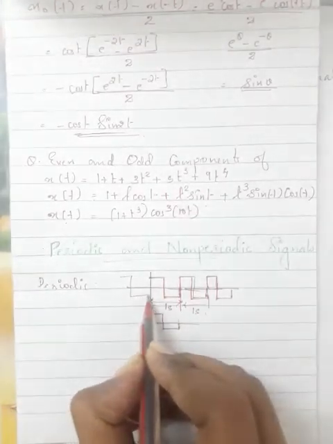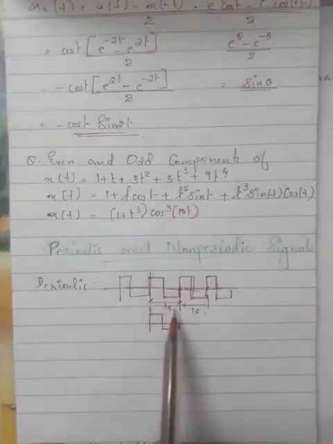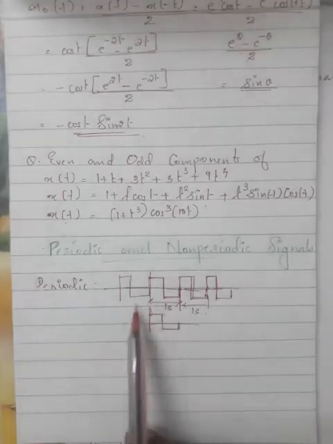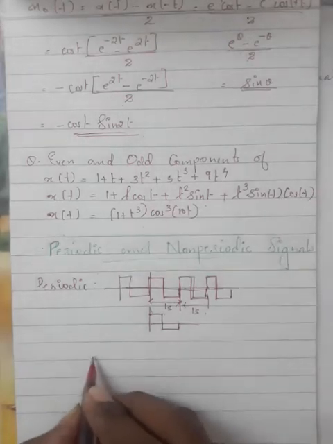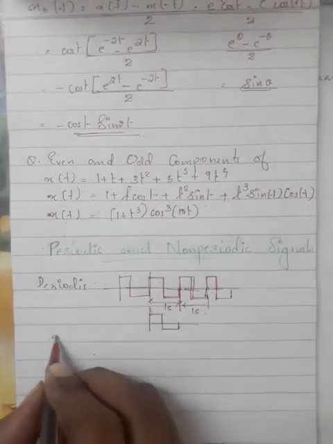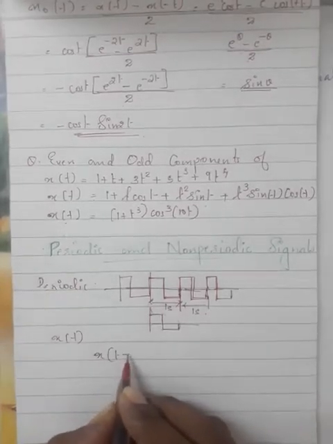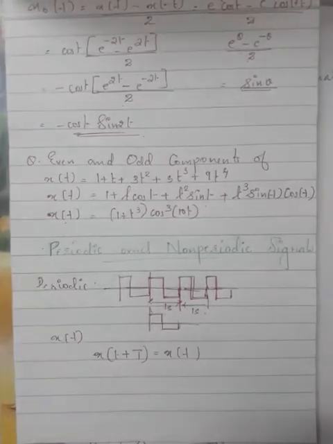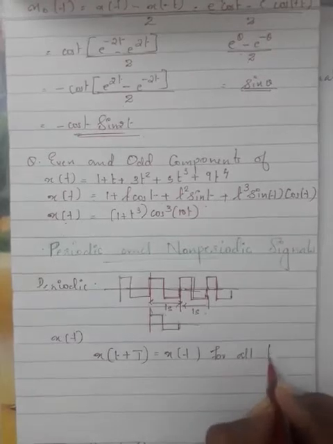Here the negative half cycle also will repeat. So for every 1 second this signal is repeating. Such a signal which will repeat after a certain interval of time is known as a periodic signal, which can be represented as: if a signal is x(t), then x(t + T) = x(t) for all values of t.